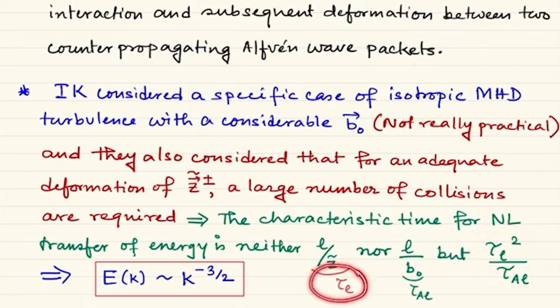And this simply leads to another spectral prediction for isotropic MHD turbulence, which is not minus 5/3, but E of k should then scale as k to the minus 3 by 2.